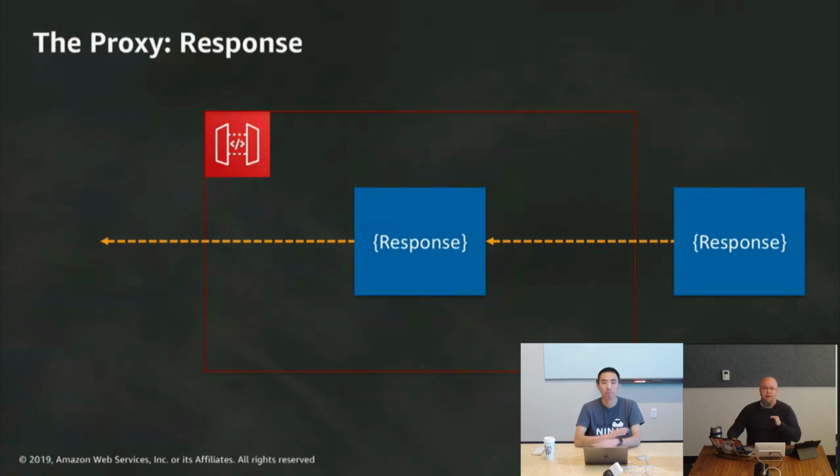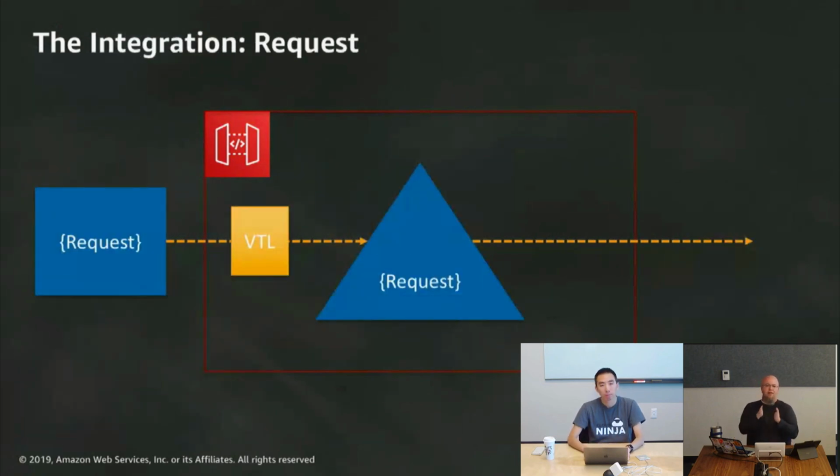However, when we talk about integrations, think about that word: we're going to integrate and do more here. So let's talk about how that works. When a request is made to API Gateway, the velocity template language is used, and it can modify the request. So that request can look very different on the back side of API Gateway than it does on the front. A great example of this is, let's say I have an API that we're running, and we want to change how that works.